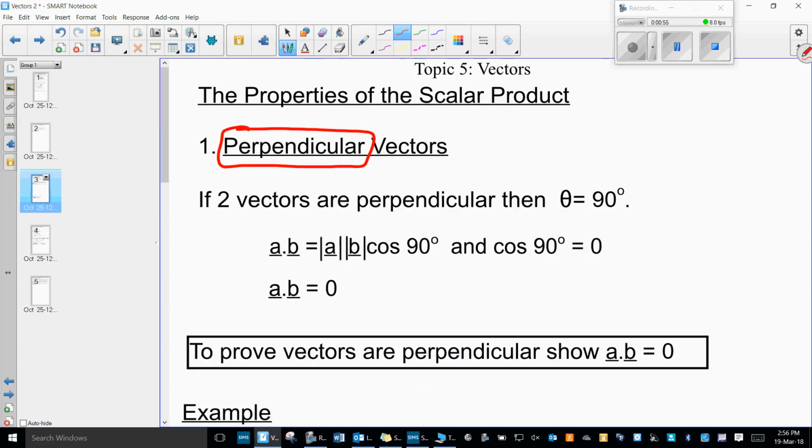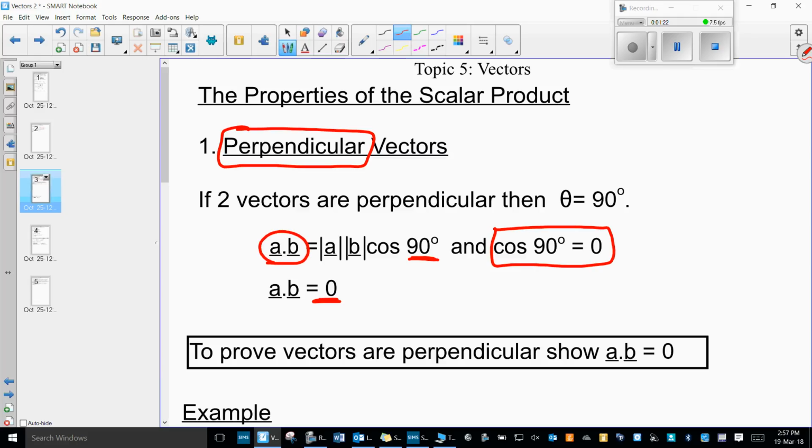All right. Now the key thing here is that if we're saying that vectors are perpendicular to each other, it means that the angle in between them is 90 degrees. But we know that the cos of 90 is 0. So that means that the dot product would therefore be equal to 0 if the vectors were perpendicular.